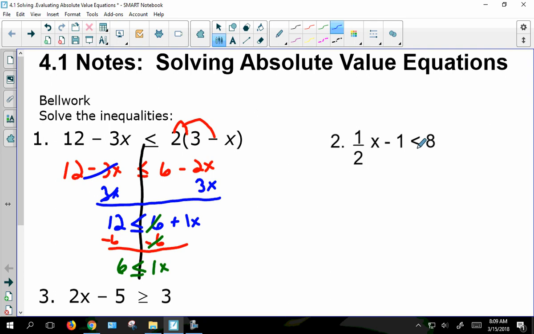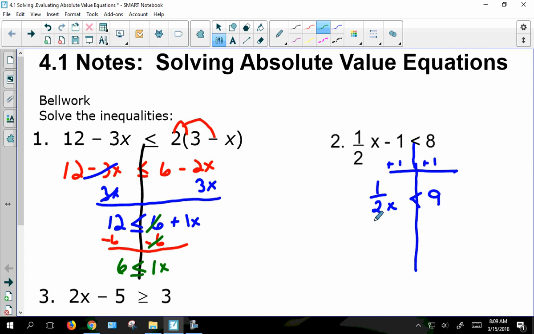What's the first thing I get rid of, kids? The loner, not the 8. The 8 is all by itself. You don't have to move it. I've got to get rid of the negative 1. That's the loner. So I'm going to add 1 to both sides. So I get 1/2 x is less than 9.